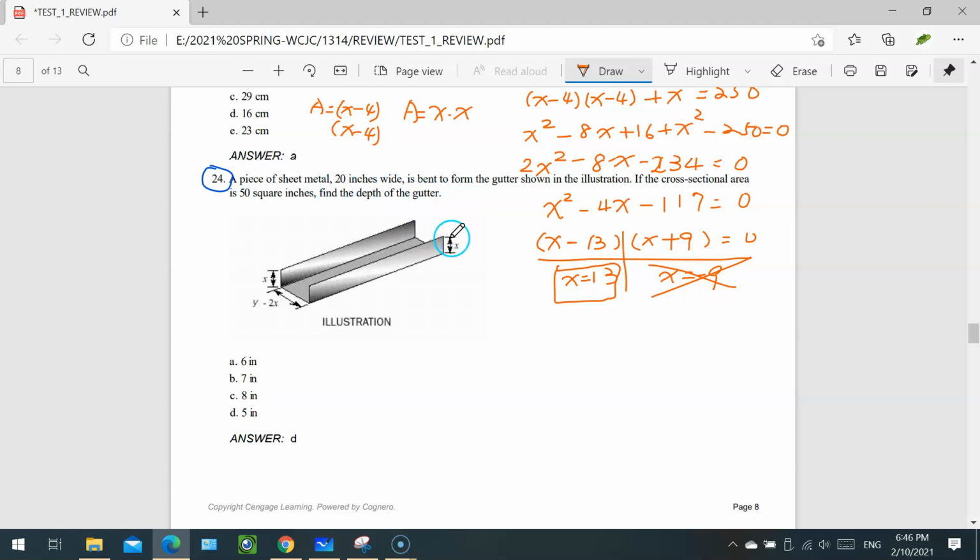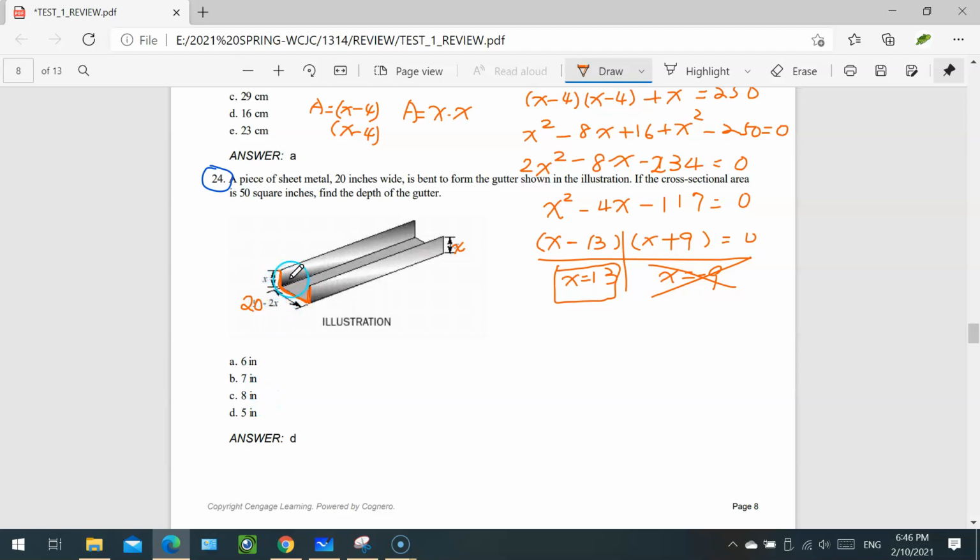So we need to find this x. Now it tells us the width of this sheet of metal is 20. So that means the total distance from here to here is 20.